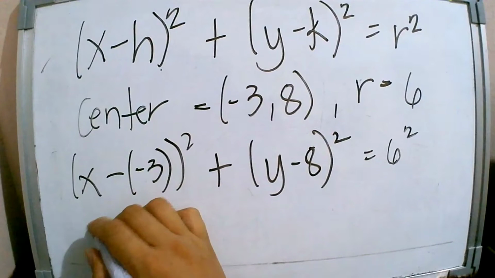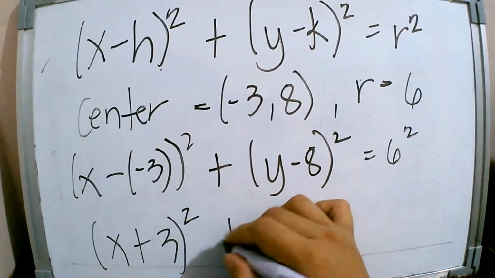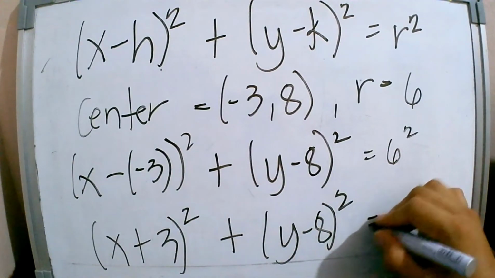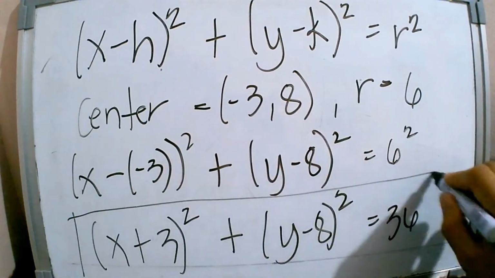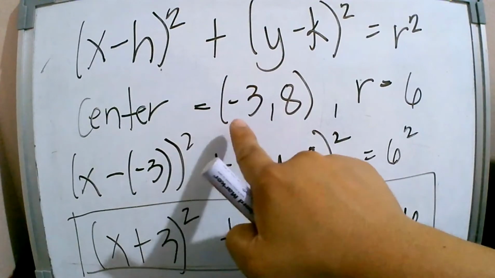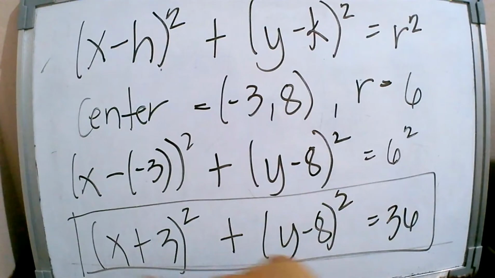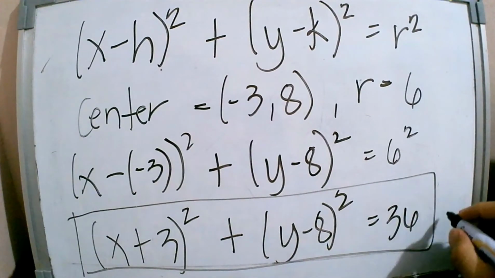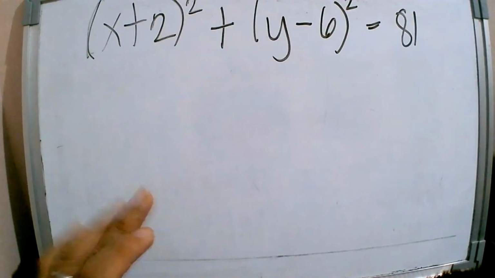So the answer will be the quantity x plus 3 squared plus the quantity y minus 8 squared is equal to 6 squared, which is 36. So the standard form of the equation having center at -3 and 8 and radius equal to 6 is the quantity x plus 3 squared plus the quantity y minus 8 squared is equal to 36. It's easy, right?